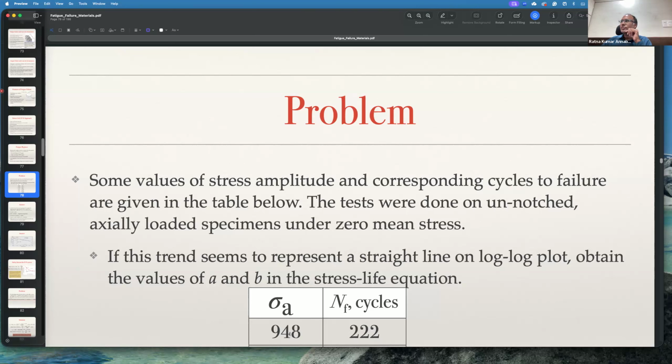So what is your x-axis? Cycles, N or S? Did you keep the x-axis as number of cycles?